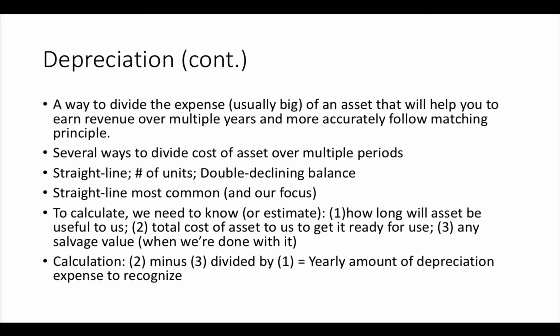So straight line is basically saying, hey, let's figure out how long we're going to use this asset, how much it costs, and if we'll get any money back out of it when we're done with it. So down here you see the actual calculation. These are the things we need to know to calculate depreciation. How long will the asset be useful to us?